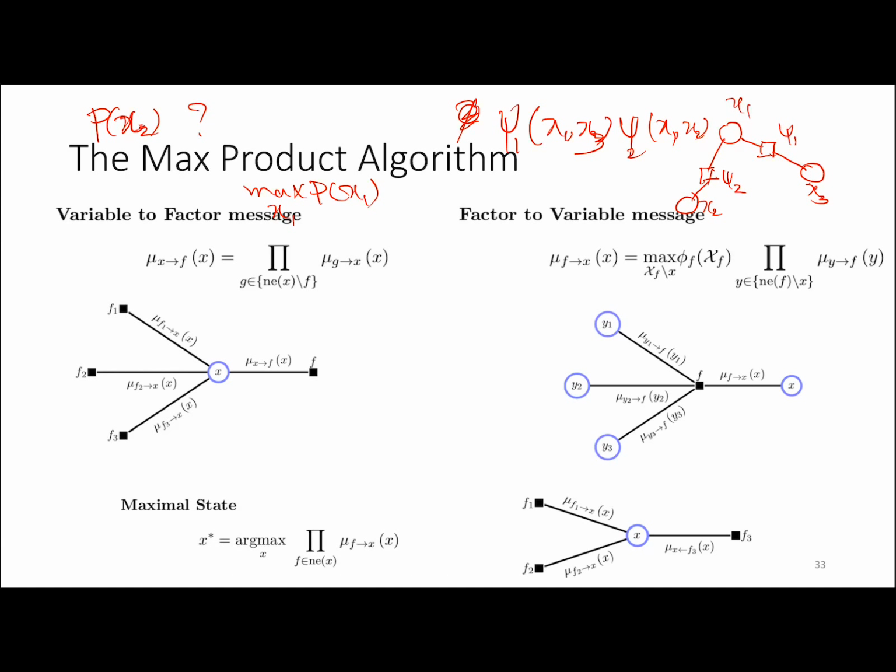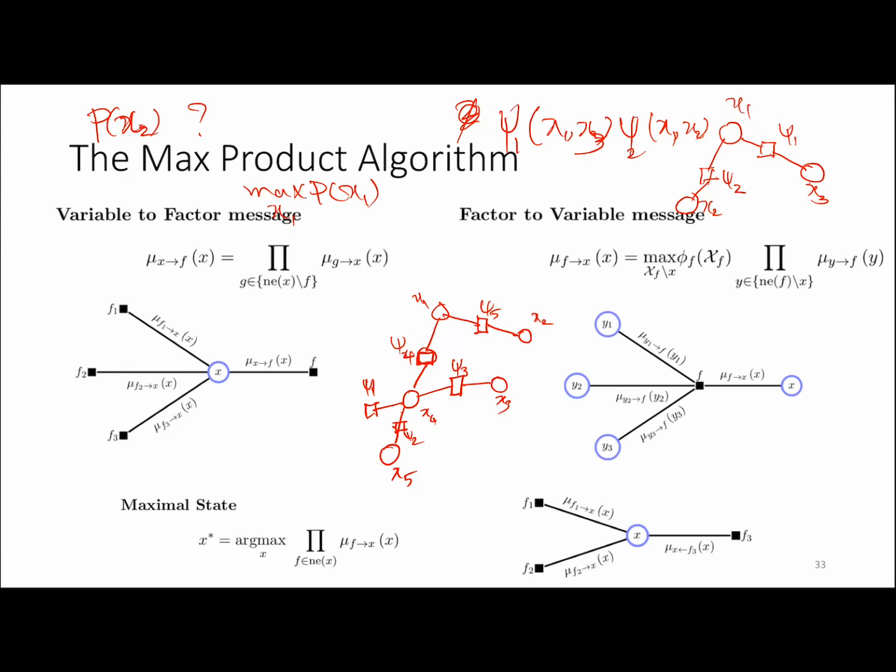Now let's make it a little bit more complicated. So let's say that I have this graph of x1, x2, x3, x4, x5, with factors psi1, psi2, psi3, psi4, psi5.